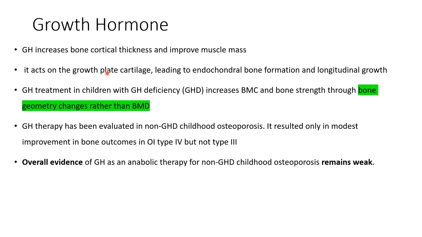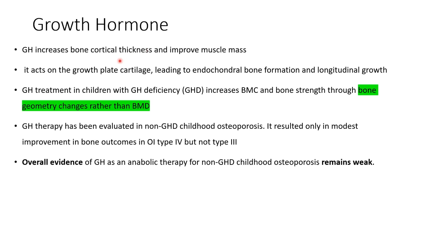Growth hormone. Isolated use of growth hormone for the purpose of pediatric osteoporosis is not recommended, but for those children who have growth hormone deficiency, or for short stature treatment, there is a recommendation.